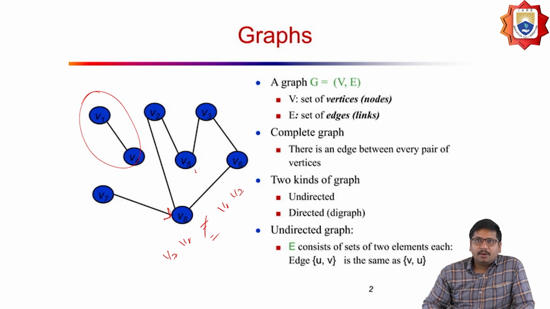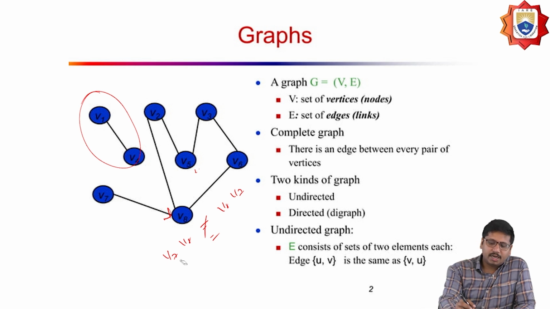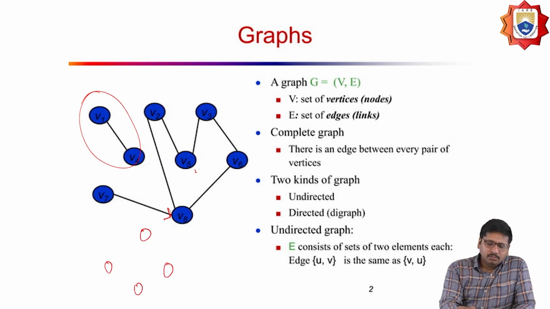Next, the complete graph. Whenever there exists an edge between every pair of vertices, the graph is a complete graph. Suppose I draw the edges from vertex V1 to V2, V3 and V4.